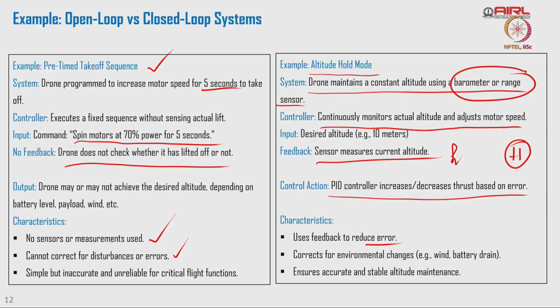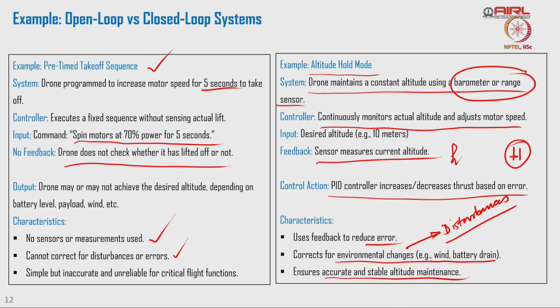So, what is the error? Error is the height H minus the current altitude, and that will be reduced from time to time. Then it corrects environmental changes like wind, battery drain, etc. That means disturbances, whatever comes in its way, can be handled in a better way, and it ensures accurate and stable altitude maintenance.